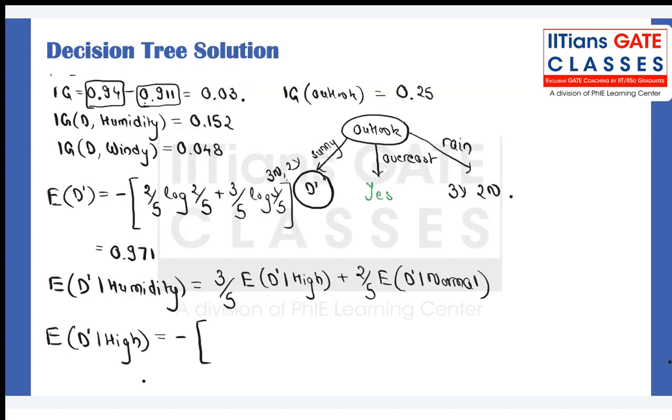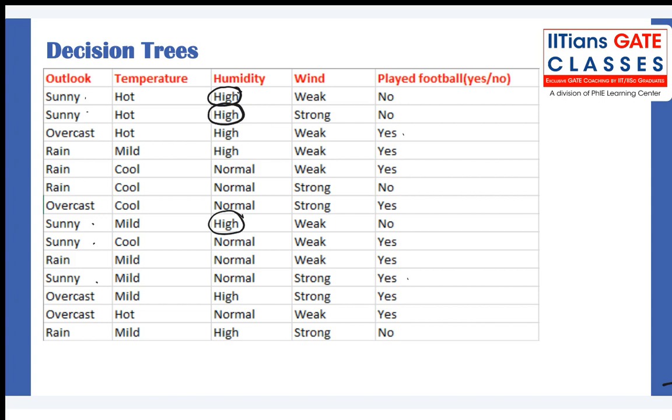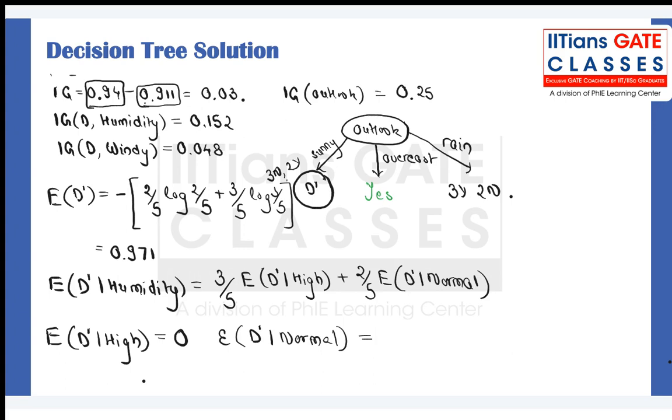So the entropy I can directly write as 0. There is no uncertainty, right? It's always 0. And the entropy of d dash given it is normal, you will look at all the sunny data points where it is normal, which is this one and this one, and they are both yeses, so it is also 0.